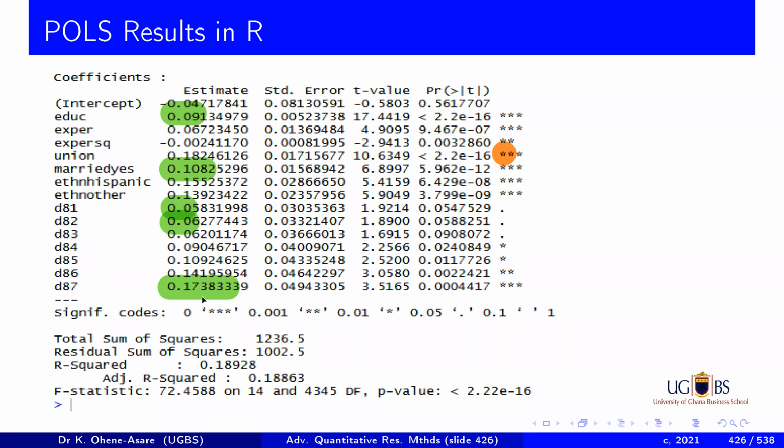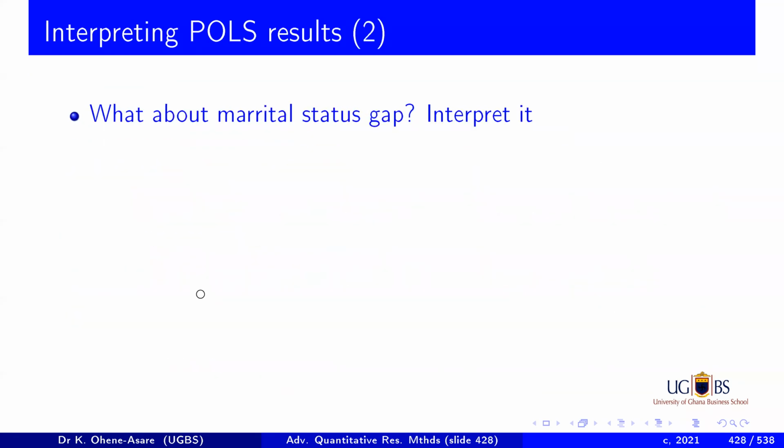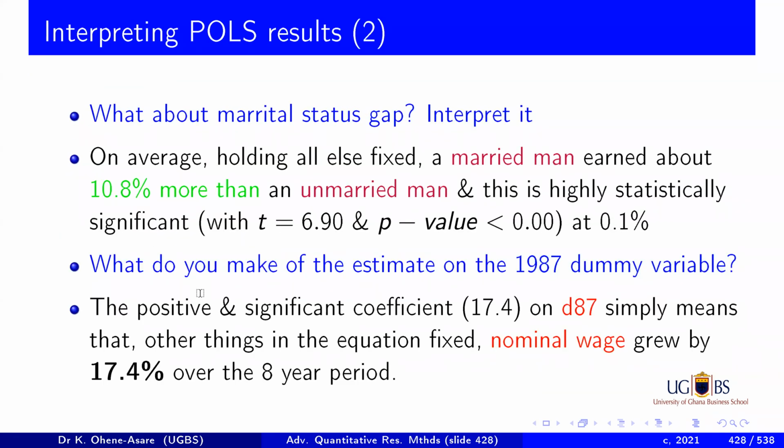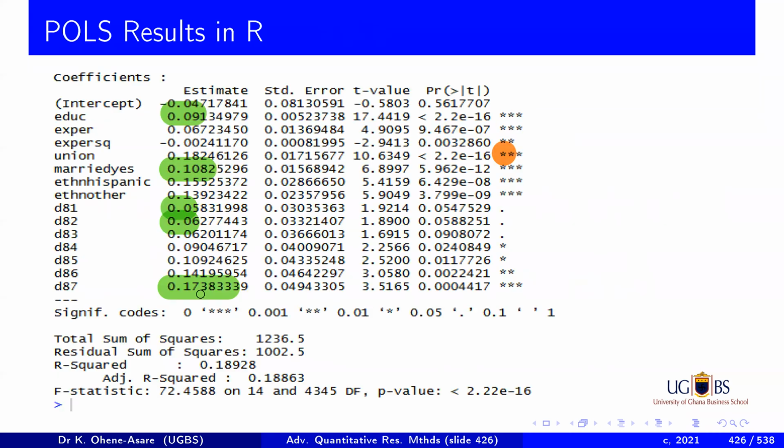And so by 1985, wages had increased by 17%. So that value is telling you how much wage is increasing over time. By 87, wage has gone up. And that is an interpretation. Let's see whether it was significant. Yes, it was significant at 1%, and you can see that with a triple star.